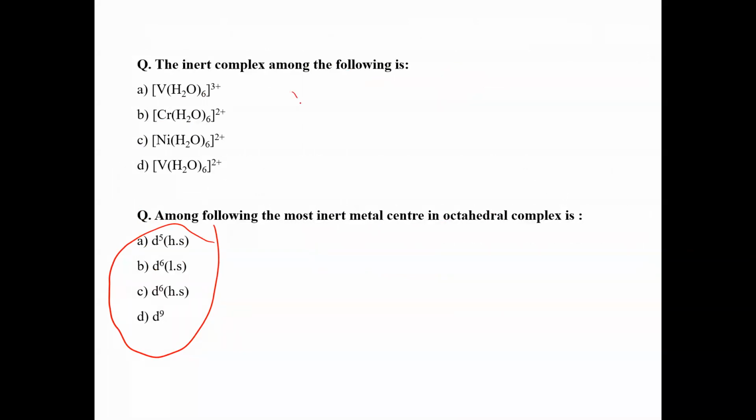Here it is vanadium plus 3, chromium plus 2, nickel plus 2, and vanadium plus 2. Okay, so it will be d2, it will be d3, and it will be d4.